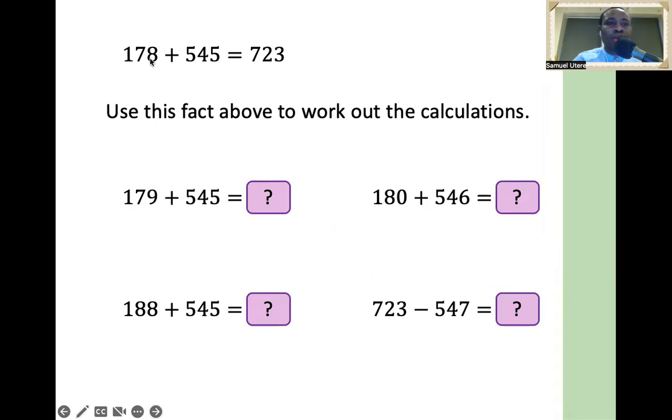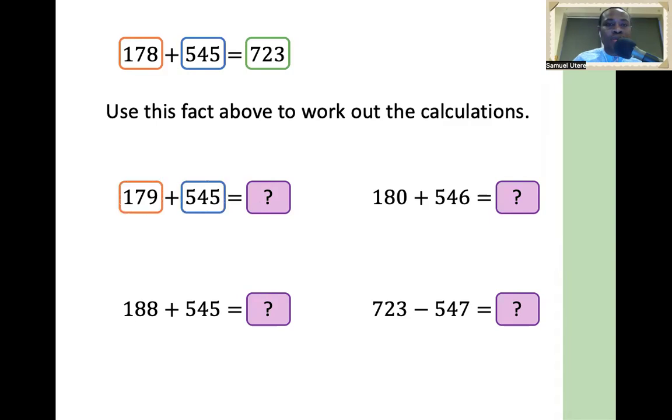Well, if you take a look, you would see that 179 is just one more than 178, but we're still adding 545. So it means our answer will just be one more than 723, which is 724. Let's look at the next one.